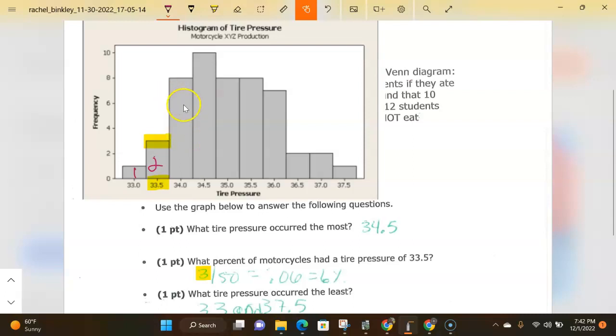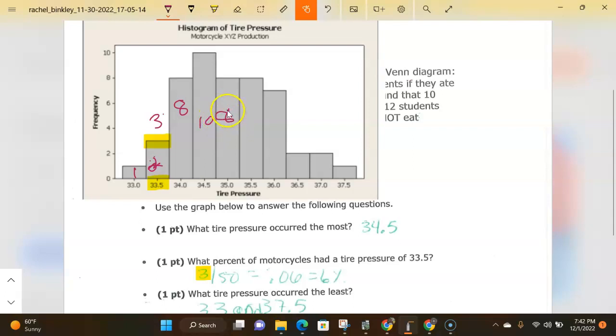There are 8 here, 3 here. Sorry, y'all. And then 10. 8.